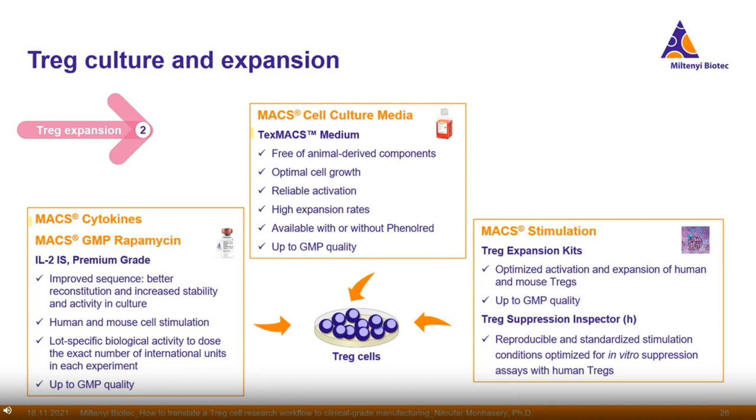They give you a lot of specific biological activity, and they are also available up to GMP quality. The next component is expansion kits, which help you stimulate your Tregs to get the best expansion. We have these expansion kits for human and mouse, and they are also available in GMP quality.